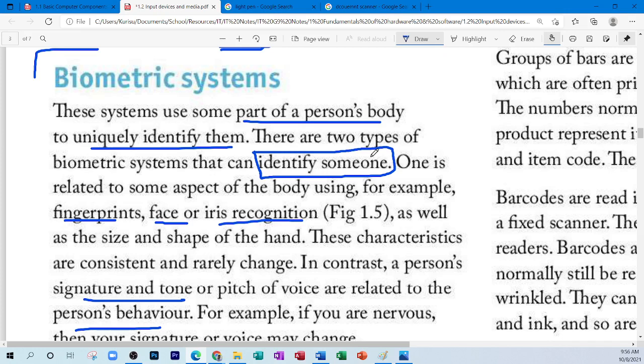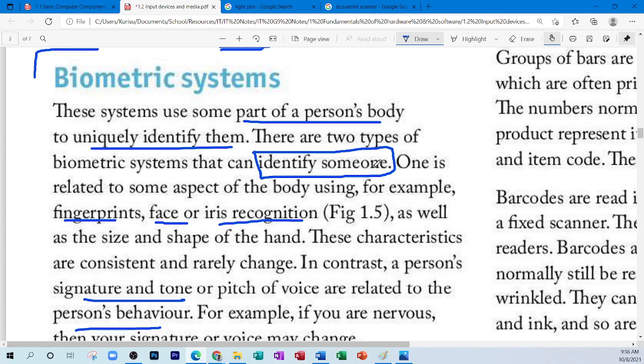Fingerprints, face recognition. Good. One more. Sir, it has a pin. A what? A pin number which you would have to enter, or a pattern. Good. But there's your iris and there's also voice. Good. So you guys have the idea.